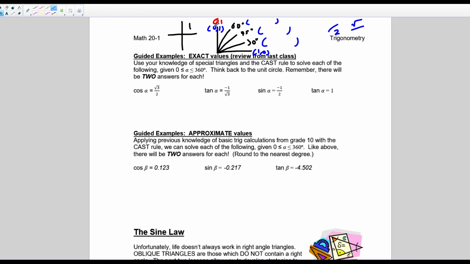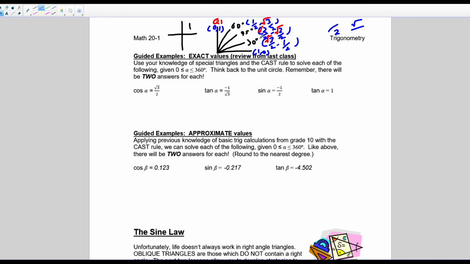Starting off with our x's, we go 0, 1, 2, 3. And then again, from the opposite side, we have 1, 2, 3. Let's go ahead and divide all of these by 2. They're all divided by 2, and we're going to put a square root on top of all of these. In an ideal world, this would be a little neater, but we're going to make do with what we have here.